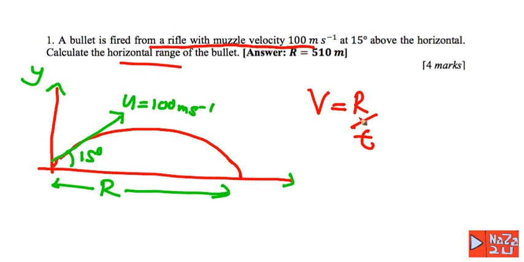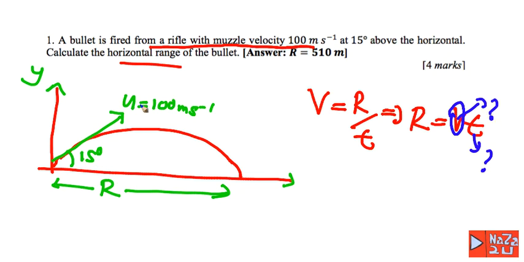So to calculate R, you can use R is equal to velocity times time t. Now you must know the value of the velocity of the object and the time t here. What is the value of t and velocity?